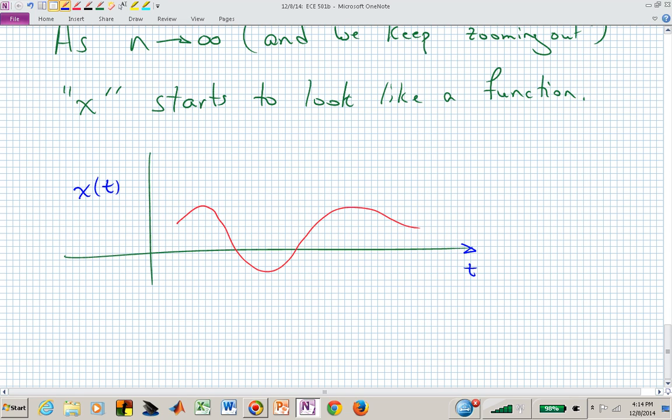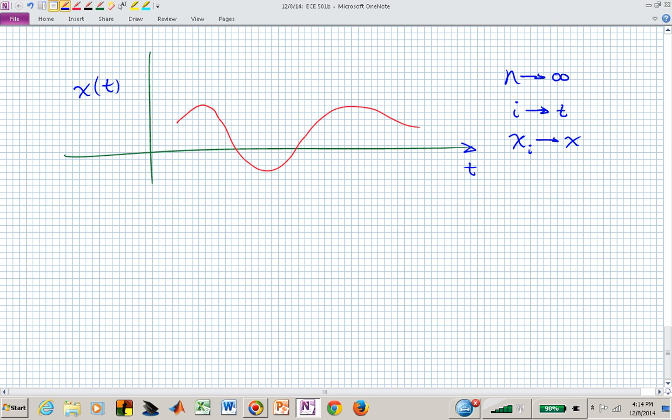Those have now collapsed into a continuous set of values on the real line, so that now as n went to infinity, the index i goes to this continuous variable t, and x sub i, these coordinates, now have all been moved into some function x.